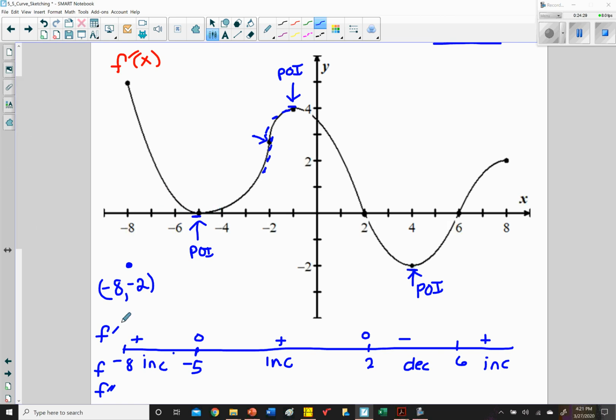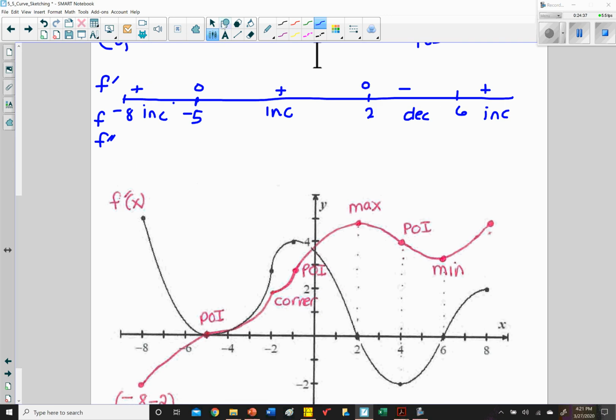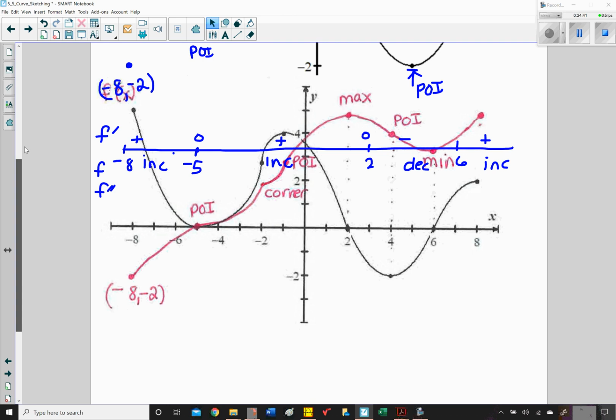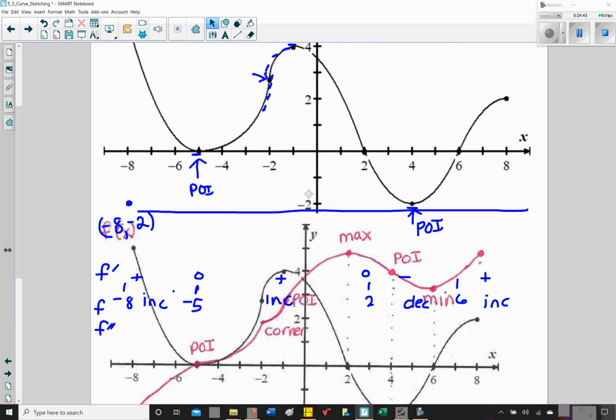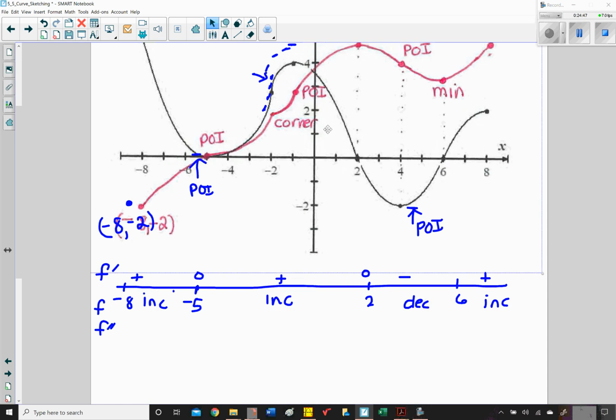Okay. And again, just for speed's sake, I'm going to show you the graph I drew with my tablet turned off. We'll pull that up there so you can see the graph I had.